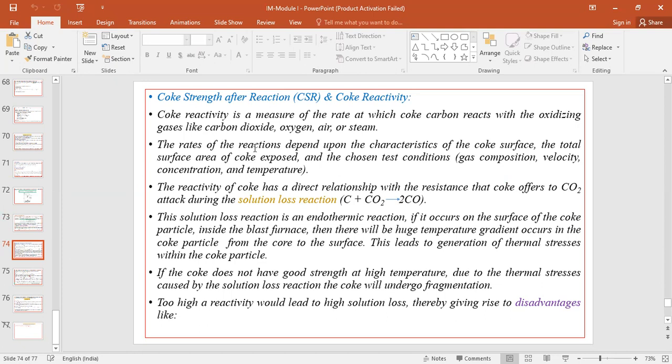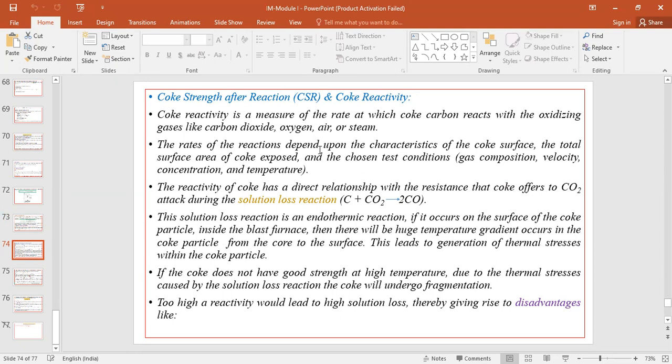The rate of the reaction depends upon the characteristics of the coke surface, the total surface area of the coke exposed, and the gas composition prevailing in front of the tuyeres, its velocity, and its temperature.